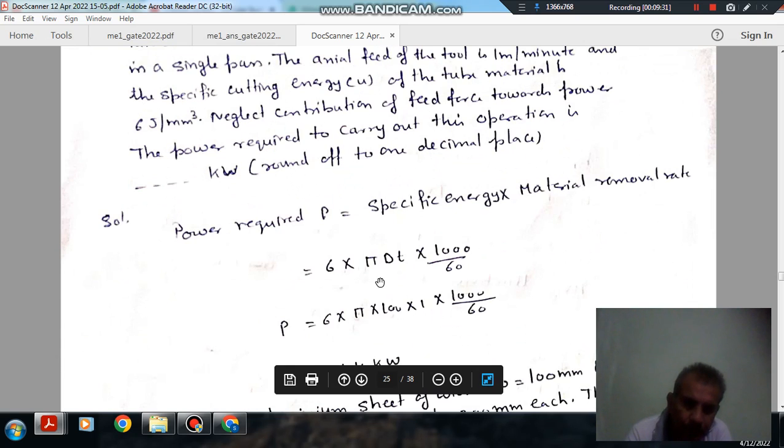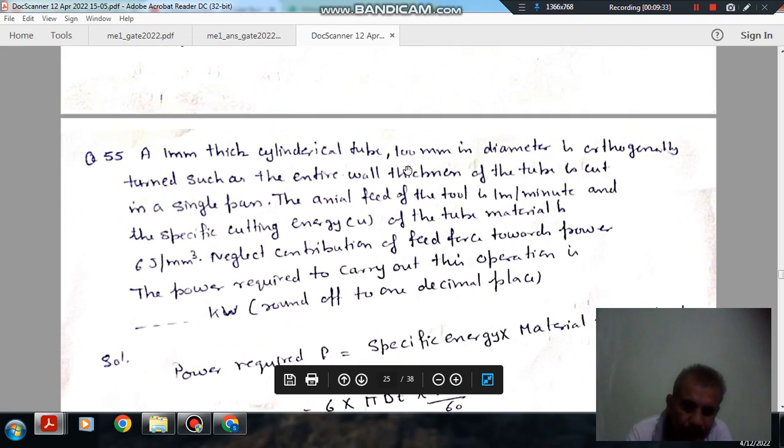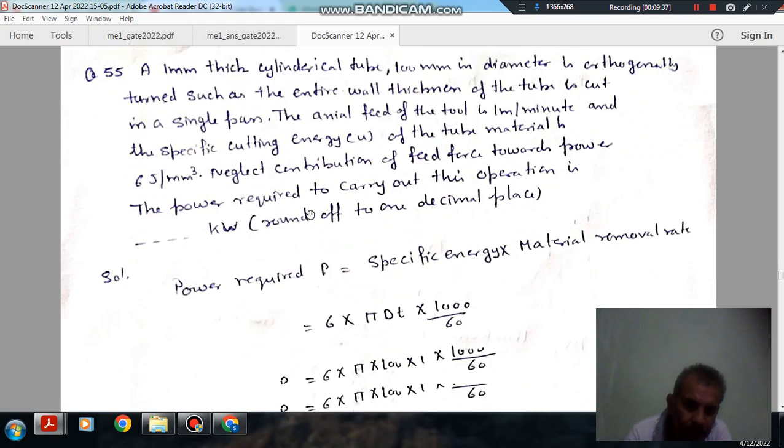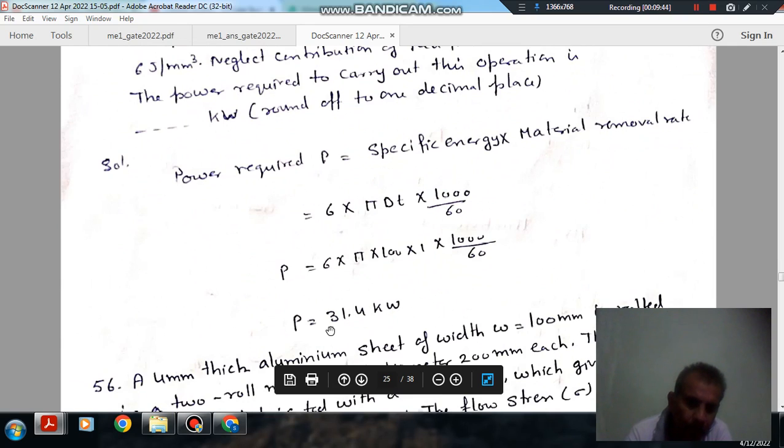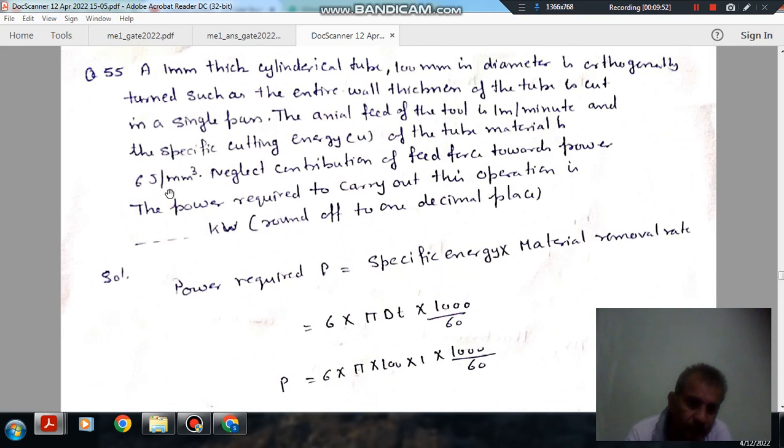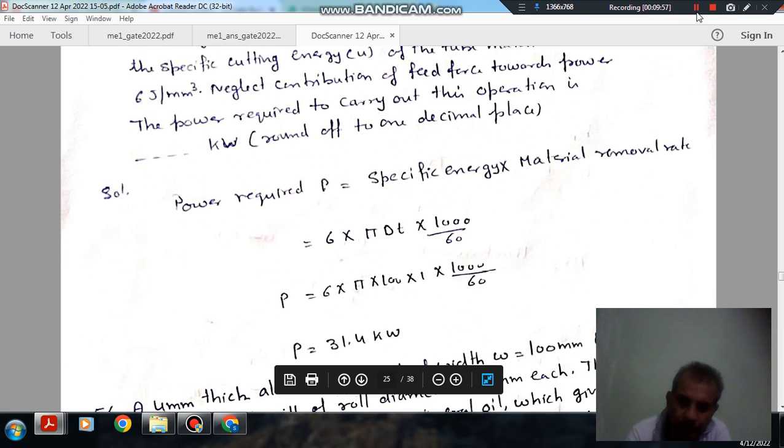So d is your 100 mm and t is your 1 mm, and the speed is 1000 by 60. Taking these, power will be 31.4 kilowatt. No need to change this diameter into meter because U is in joule per mm cube. So the answer is 31.4.